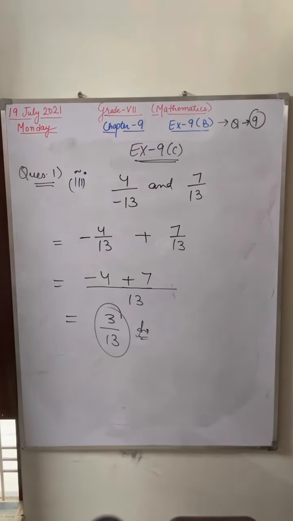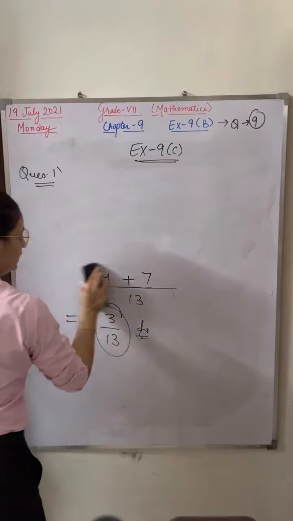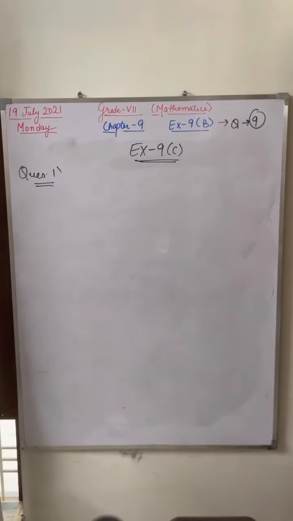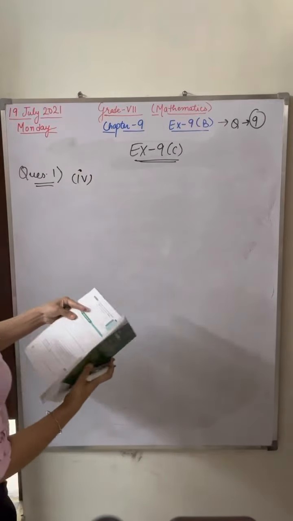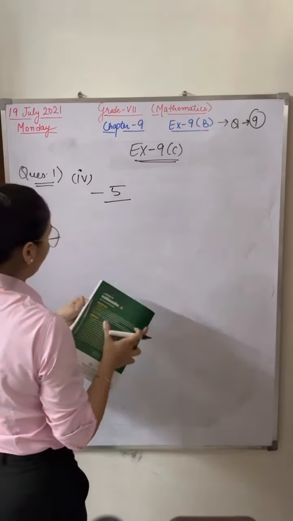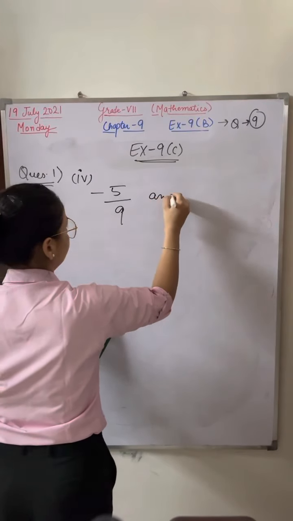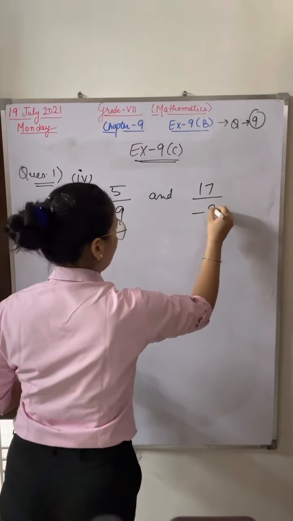Now I am doing one more part, the fourth part. Please listen carefully how you can do the fourth part. The fourth part is minus 5 upon 9 and 17 upon minus 9.